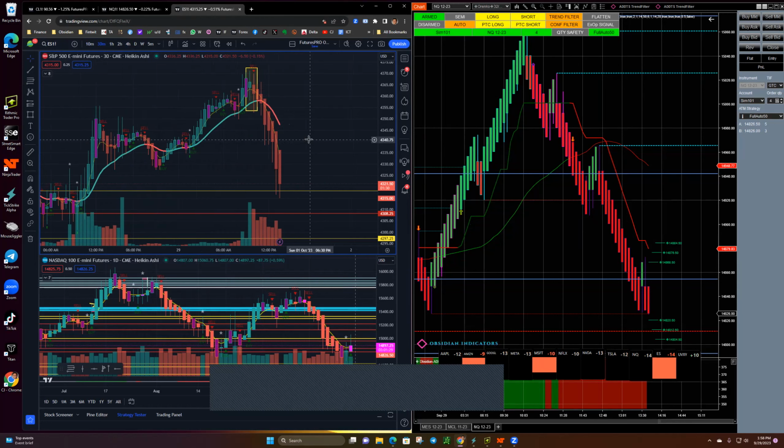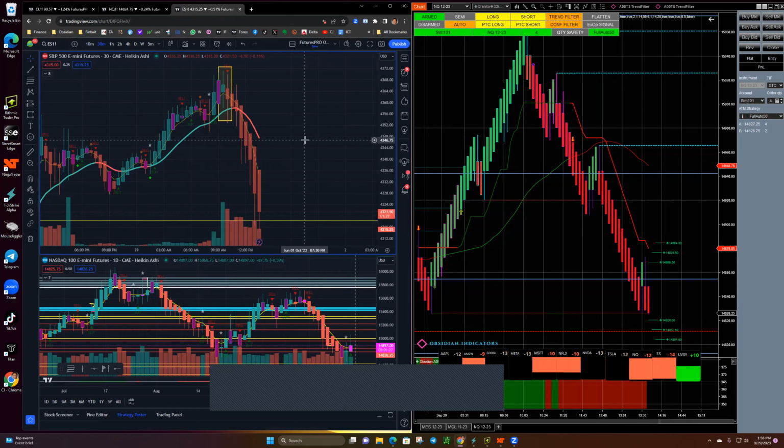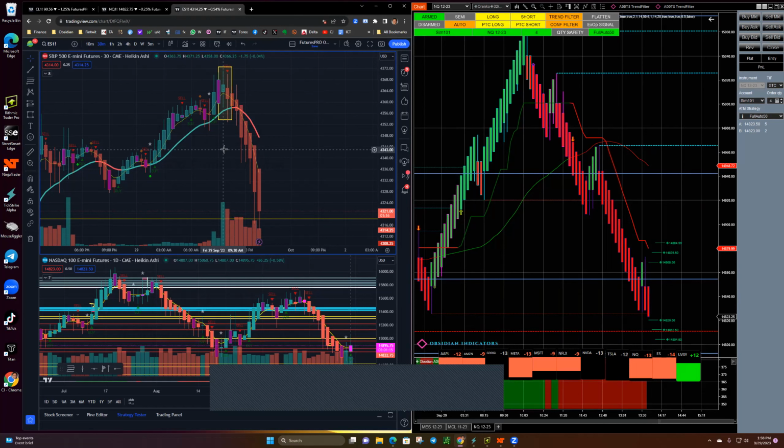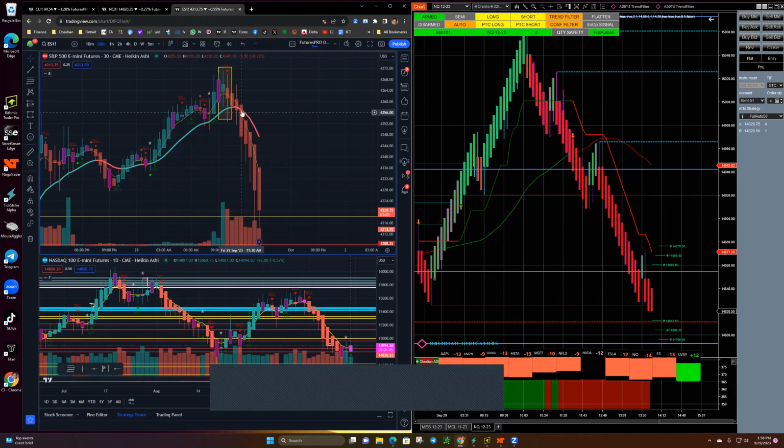Look at the candle formations. One of the key candle formations that you want to learn is the 3 white soldiers or the 3 black crows. And here we have confirmation of confirmation that this is a bearish day. So the 10-minute is the entry, the 30-minute is the confirmation, the 3 black crows is another confirmation.